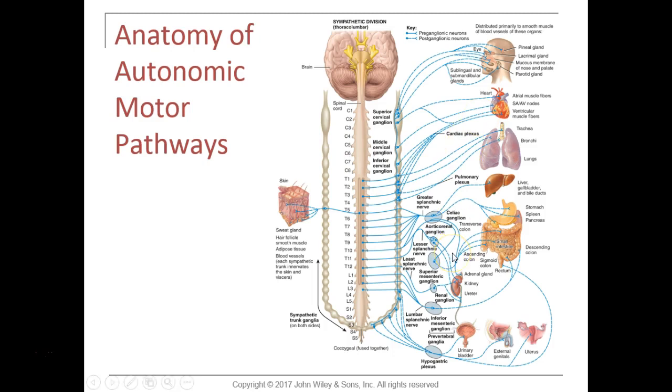So the way that this works is this: when the sympathetic nervous system fires, or sends action potentials, which we're going to cover, the action potential leaves via the preganglionic neuron from the thoracic to the lumbar region of the spinal cord, and then that preganglionic neuron is going to make a synapse out in the periphery of the body somewhere with the cell body and dendrites of the postganglionic neuron.